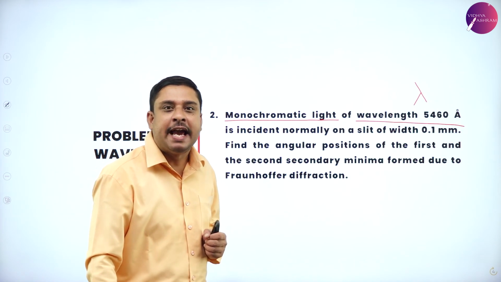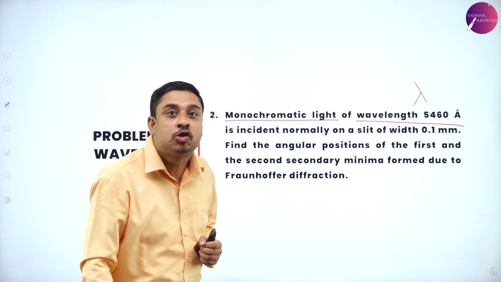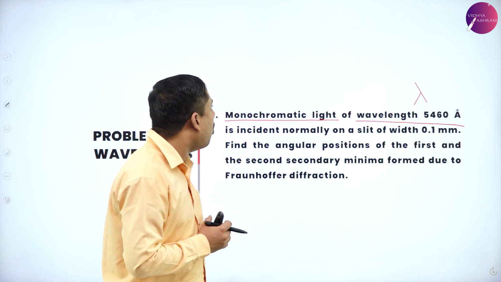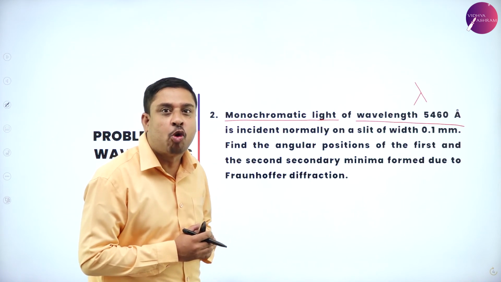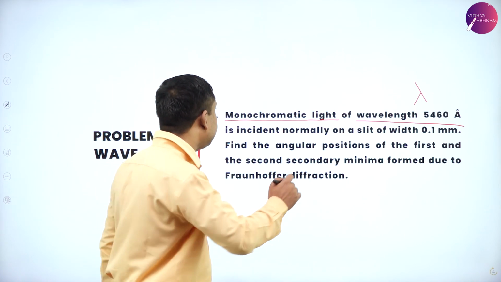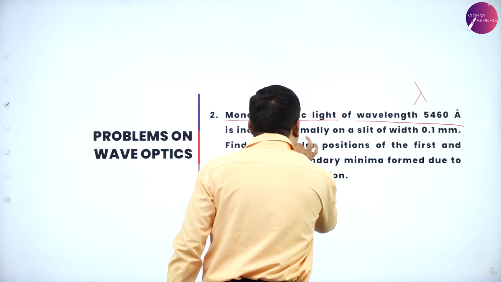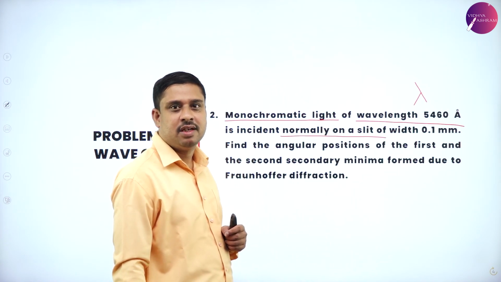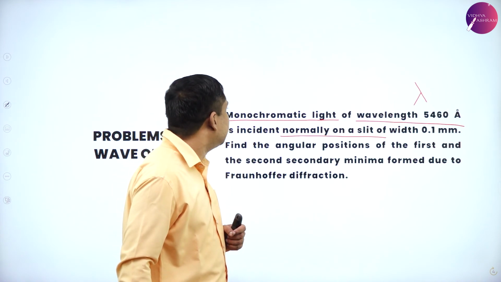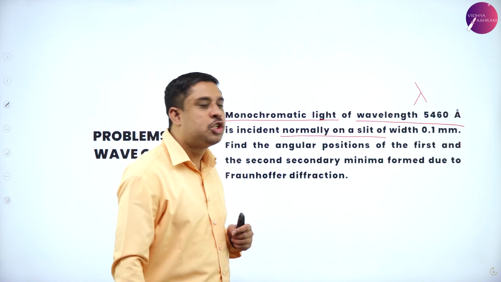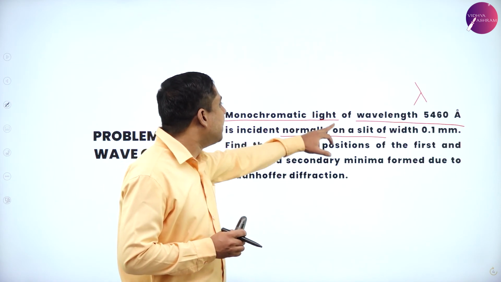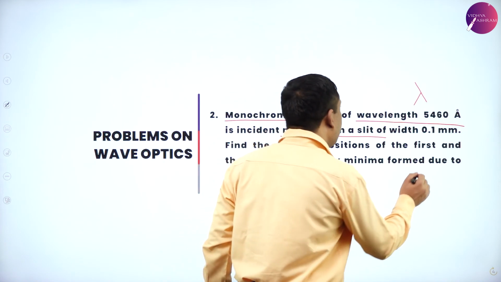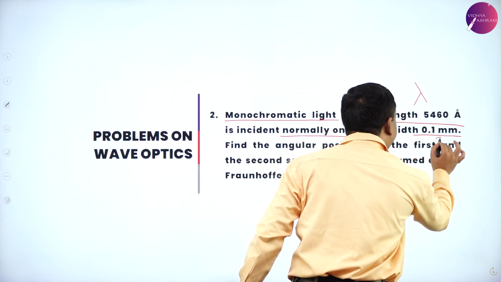Now, wavelength is in terms of angstrom, 5460 angstrom. Incident normally on a slit. This light is incident normally on a slit whose width is 0.1 millimeter.